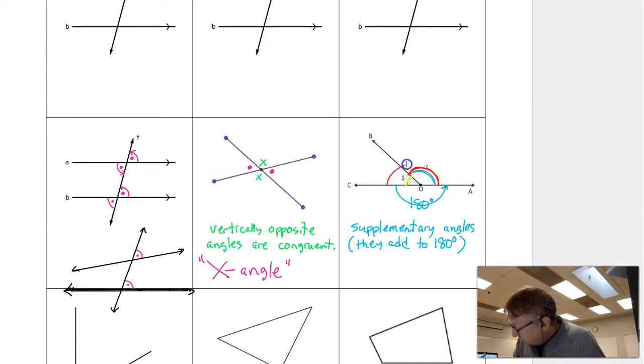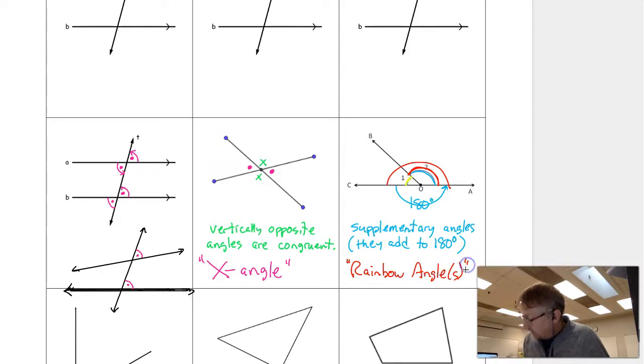Because if you start here and you go all the way to there, it kind of looks like you've made a rainbow. So, officially they're called supplementary in Mathland. If you don't like that word, then start calling them the rainbow angles. That works for me too.